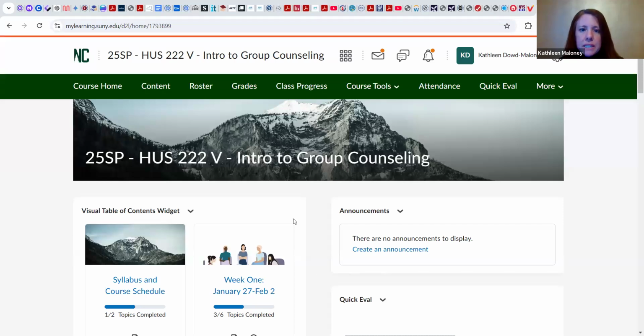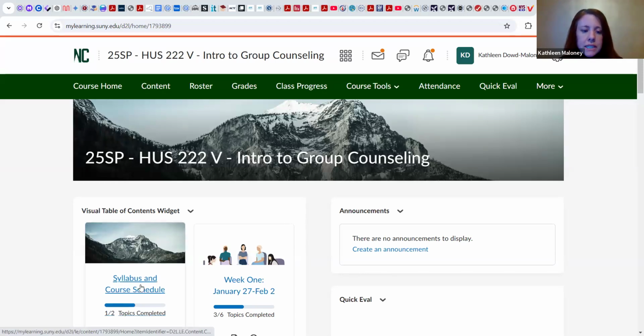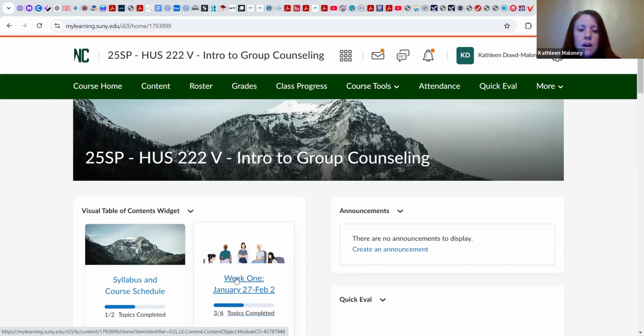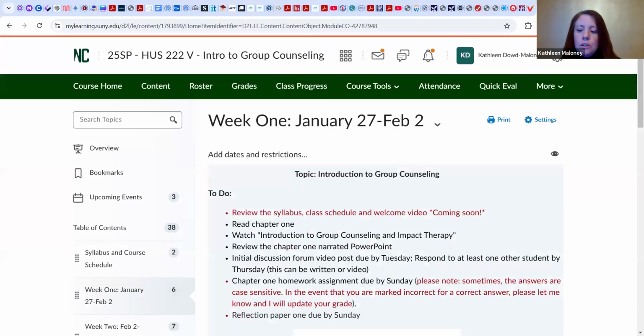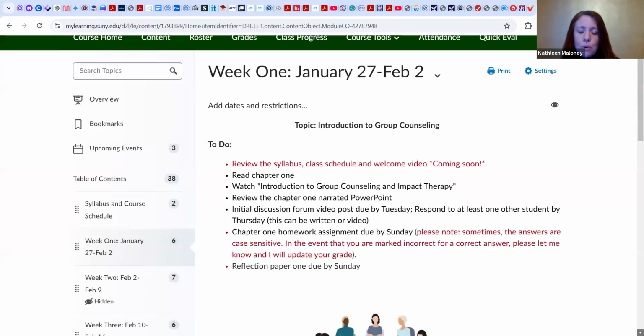You should be able to see our Brightspace page. Here, you'll see the syllabus and the course schedule, two very important documents so that you understand the expectations of the class as well as the assignments. Under week 1, you will find the objectives for the class as well as the due dates and assignments that you'll need to complete.